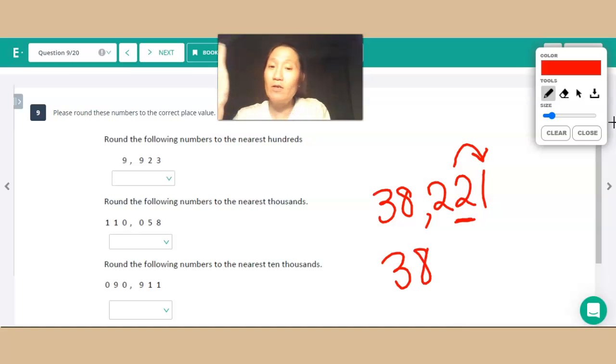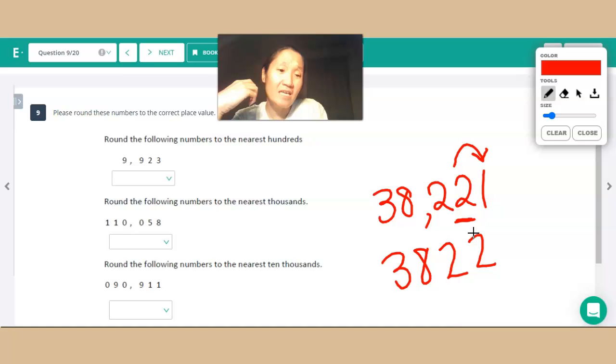The 8 doesn't care because it's not asking for help. The 2 doesn't care either. But the 2 in the tens place wants help and it's not going to get any, so it just gets stuck and the 1 leaves. So now you've rounded to the nearest tens. Okay? When you round, your number ends with a 0.